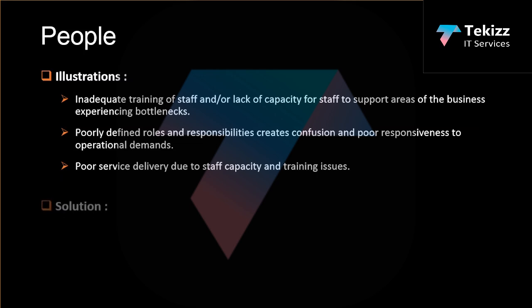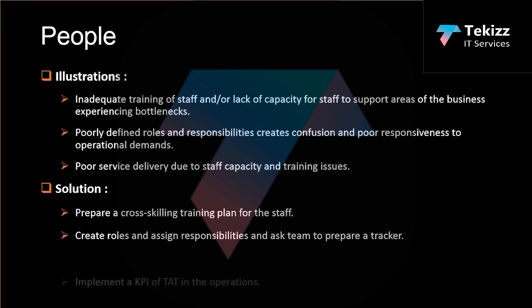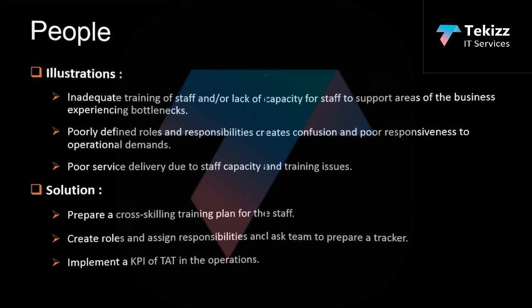Now, to solve these issues, we can prepare a cross-skilling training plan for the staff, create the roles and assign the responsibilities, and ask them to prepare a tracker for themselves. And then we can implement the TAT in the operation. That will be the turnaround time.